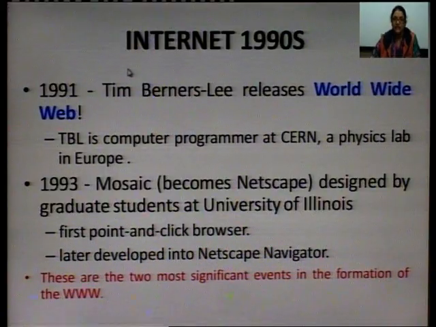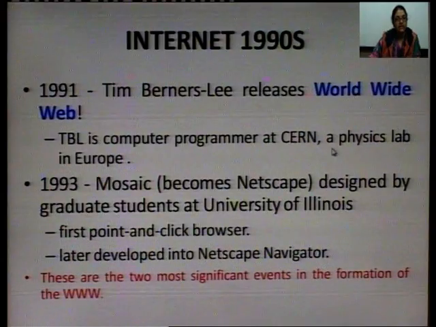In the 1990s, what was the status of the internet? In 1991, Tim Berners-Lee released the World Wide Web. TBL is a computer programmer at CERN, which is a physics lab in Europe.